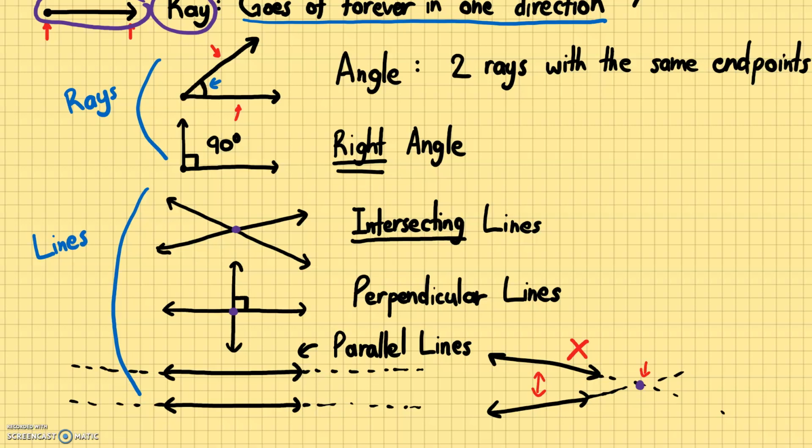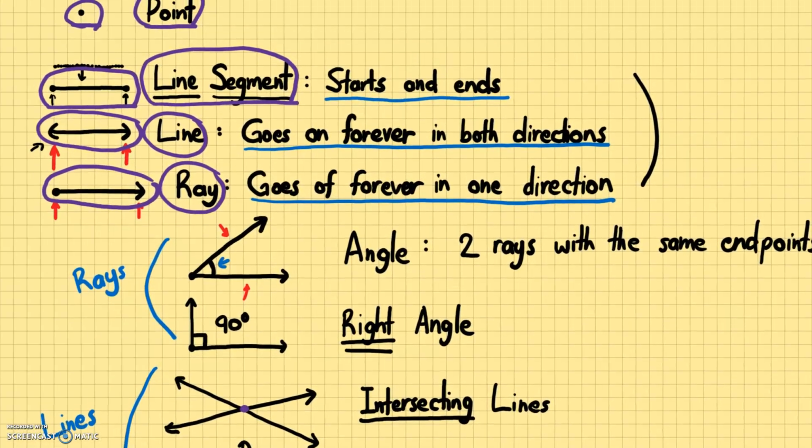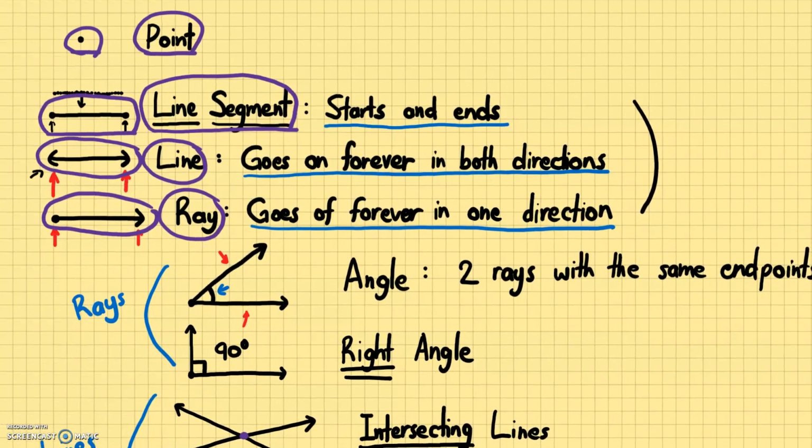Okay, so these are the one-dimensional figures. And again, if the definitions confuse you, don't worry too much about them, but just try to memorize the names of these figures with the image of those figures.